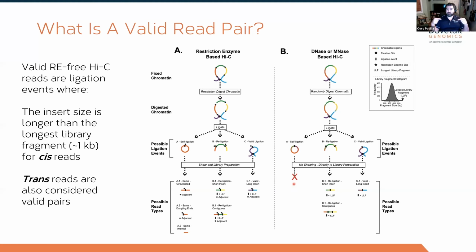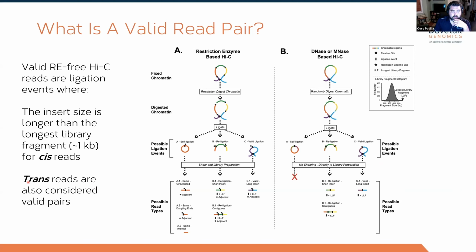There's no way to convert that into a library. If it's a circle, you can't ligate anywhere to that. So really the only data in the HiChIP libraries are religation events, where it cuts and religates right back, or valid ligation events where the insert size is bigger than the library molecule.